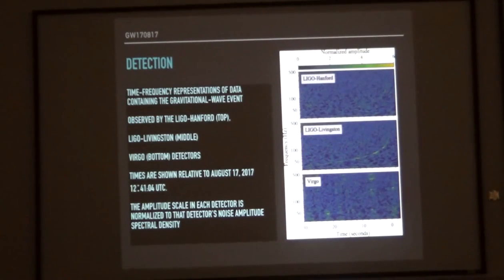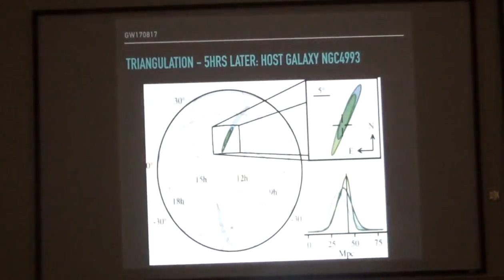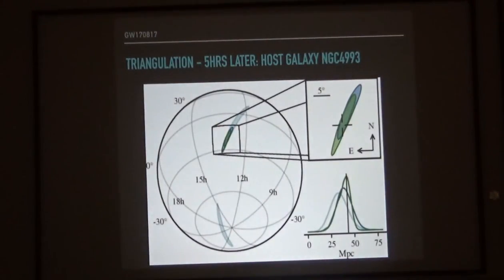Okay, because as you can see, there's not much of anything going on in that particular detector. But anyways, they managed to give the observatories a location on the sky in which to look.